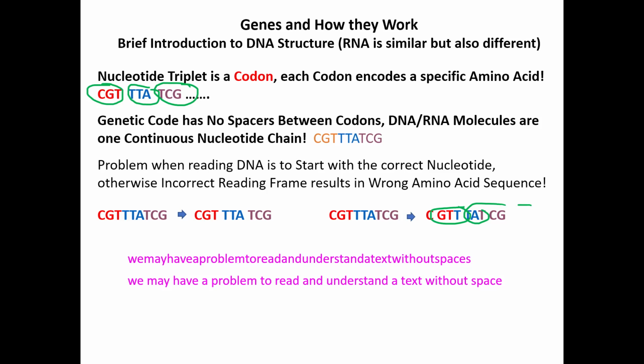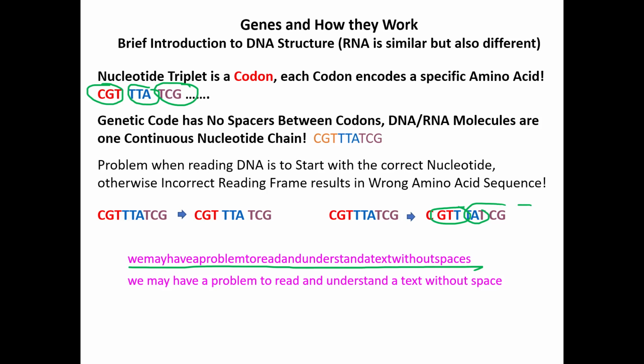So in a way, DNA is a molecule, and RNA as well, where we do not have any spacing between words, and a word here would be the instruction what amino acid to use, or codon. So it's critically important that when we start reading our nucleotide sequence during gene expression, we read it in the correct order, otherwise we only get nonsense as a result.